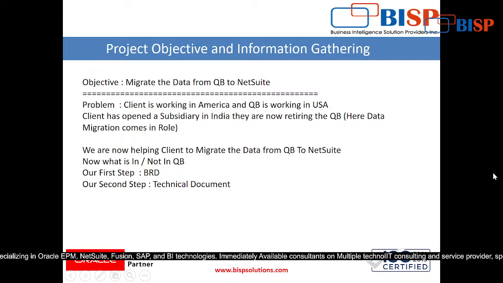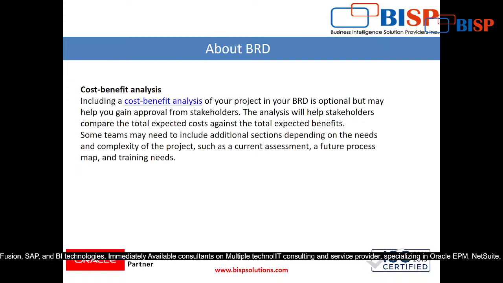Okay. Now, our first step is to create the BRD, right? Now BRD generation. First of all, what is a BRD? Business requirement document. First of all, see, cost benefit analysis. A BRD is designed to keep everything crystal clear.